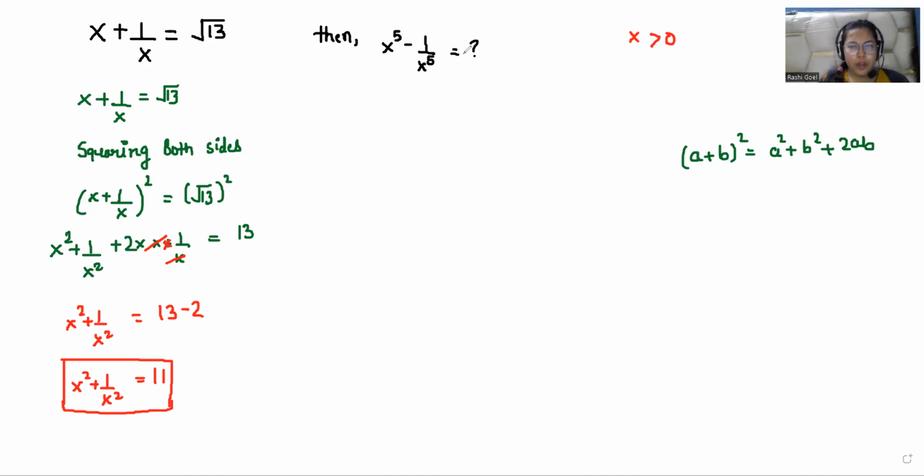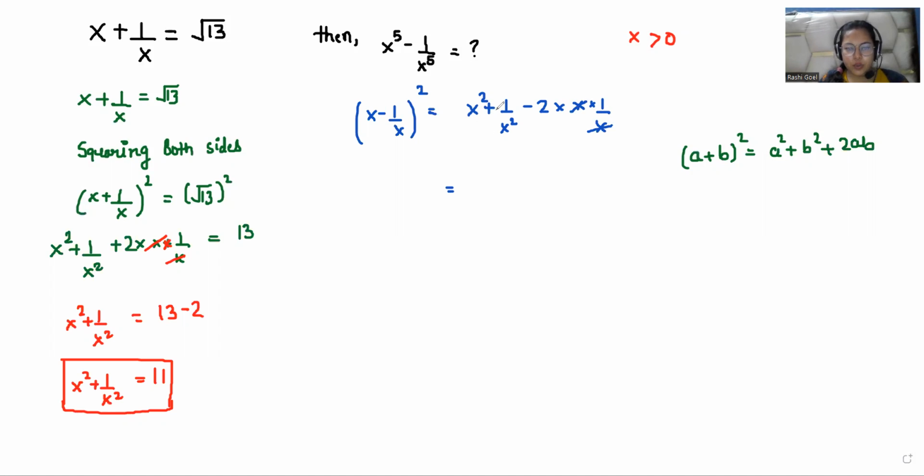Now I'm taking x minus 1 over x whole square. So the formula is x square plus 1 over x square minus 2 times x times 1 over x. So I can eliminate this.